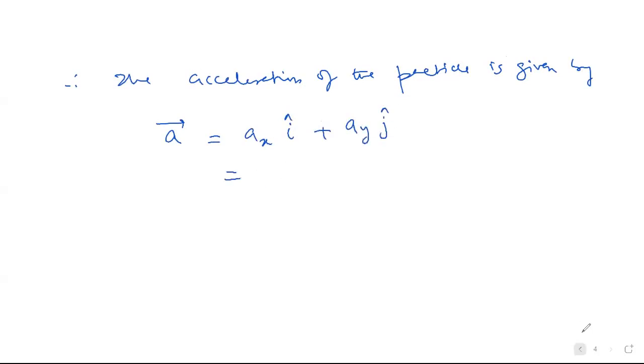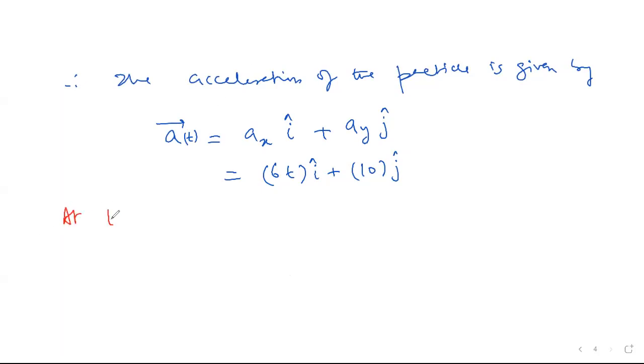What is our ax? Our ax is 6t, so 6t i cap. What is our ay? ay is 10, so it's 10j. So of course this acceleration is time dependent because the x component depends on time. So this is our general acceleration of the particle, 6t i cap plus 10 j cap.